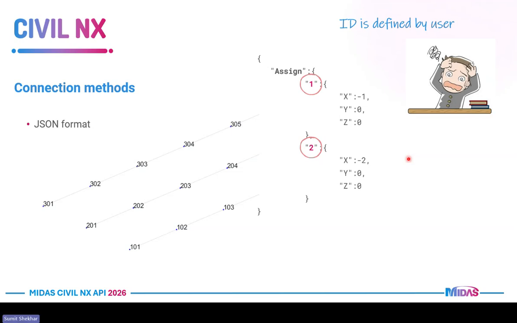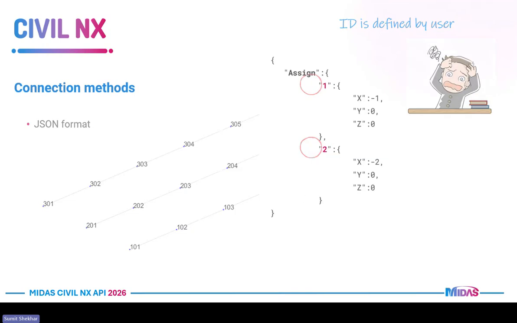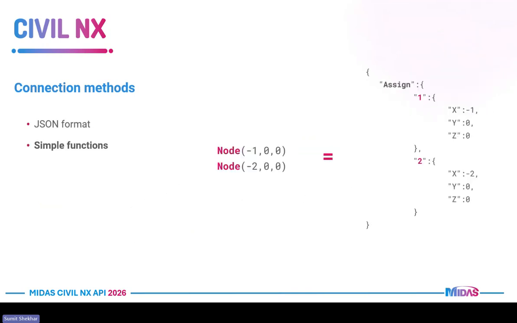For these kinds of problems, we have introduced our own Python library that contains simple functions. For example, in order to define this node at -100, we can just write the command node -100, and it will behave the same way as this JSON file should have behaved.